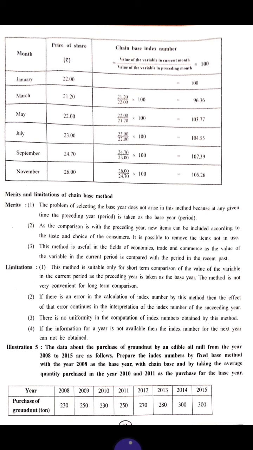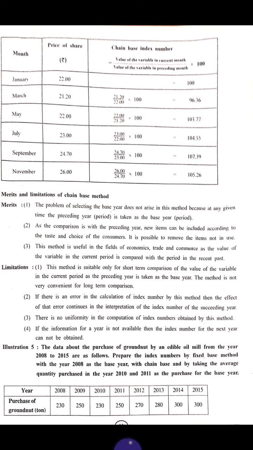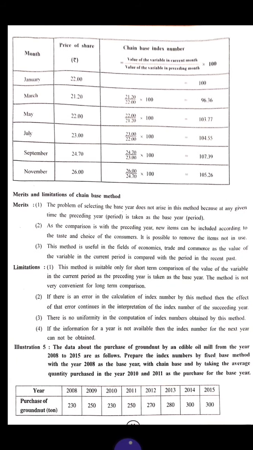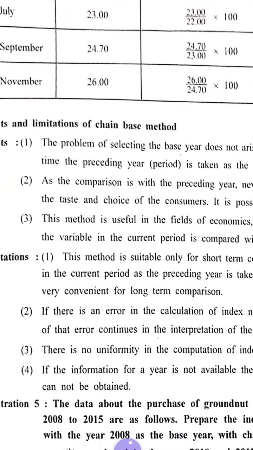So over here there is no such problem to find out the index number, because in any given year, even though the preference of the consumers gets changed, for the base year we are just checking the preceding year, right? So it is just close to your current year. So to find out the index number and to do the comparison is easy, and a little bit relevant over here, and that becomes one of the merits of chain based method.